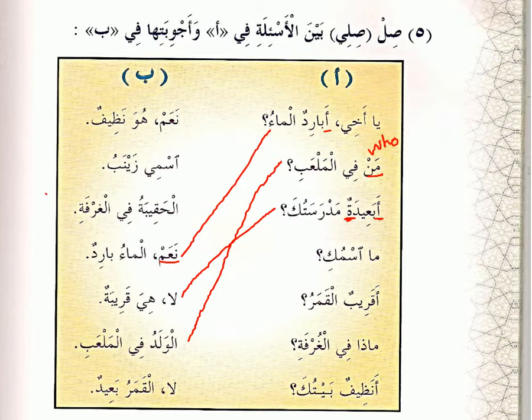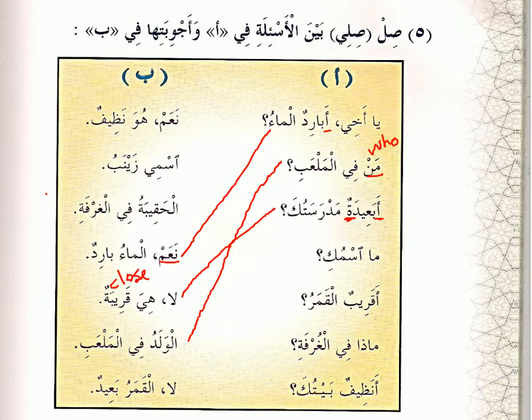So first, both of them had la, so that's fine. One of them had hiya qaribatun, and one of them had al-qamaru ba'id. What do they both mean? Hiya qaribatun? No, it's close, right? Qaribatun, close. So one's saying no, it's close. What is the other one saying? What is number 7 saying?